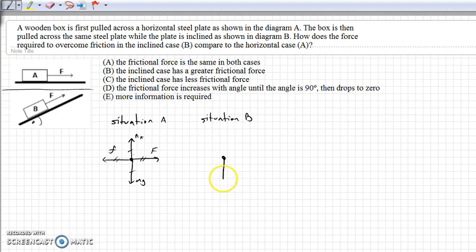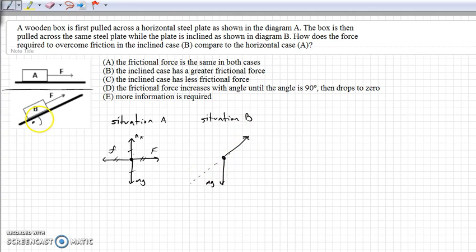The weight force is still going to be down, and the weight force is going to be the same. Actually, I'm going to draw that on this side. But this applied force is pulling the object up the ramp, and there is an angle to the surface.